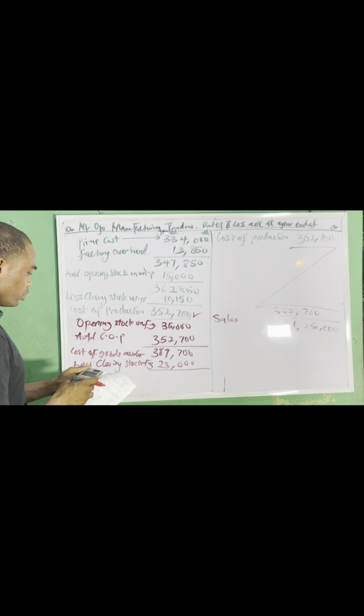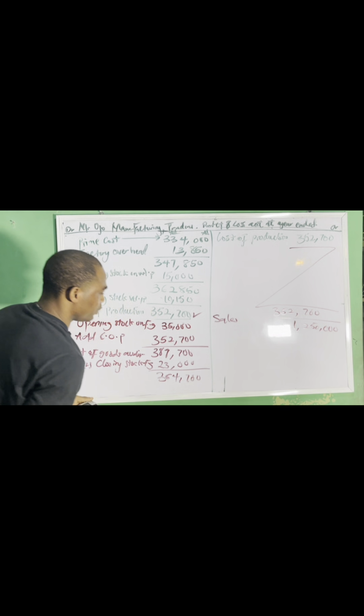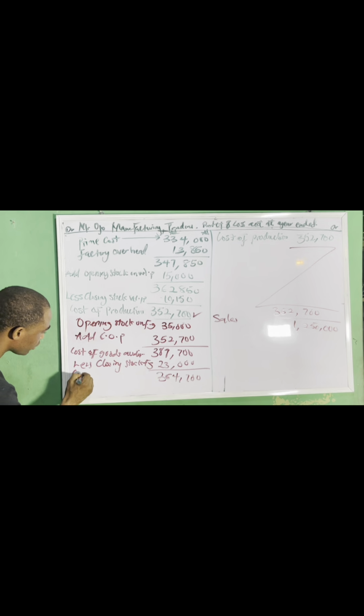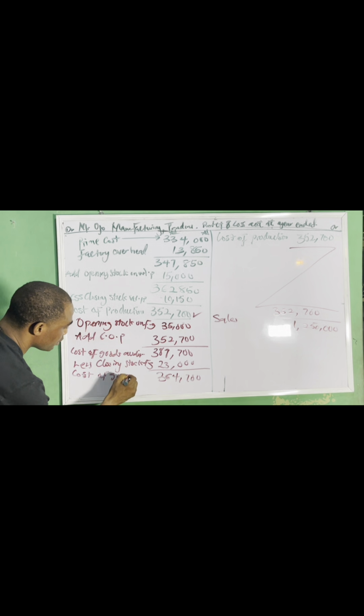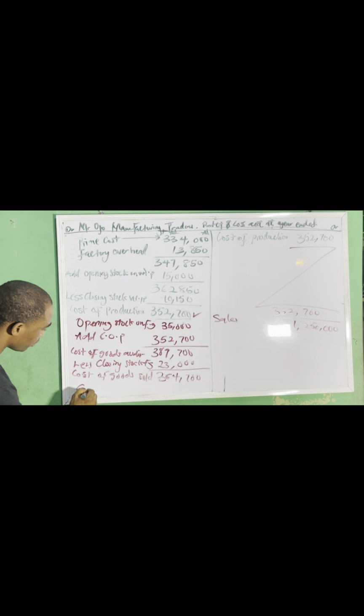So what will be our cost of goods sold? You will subtract your closing stock on finished goods from cost of goods available to get cost of goods sold, which is 23,000. So we now have 364,700. Now this will be cost of goods sold. So now let's subtract it from the sales to get our gross profit.